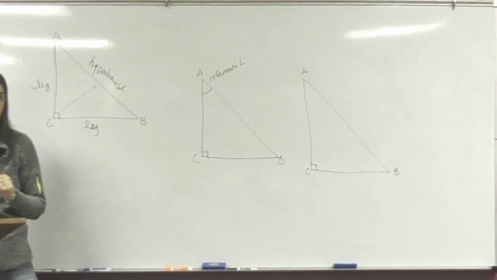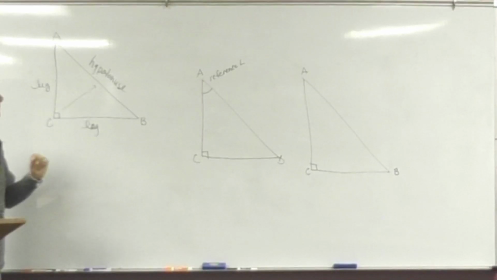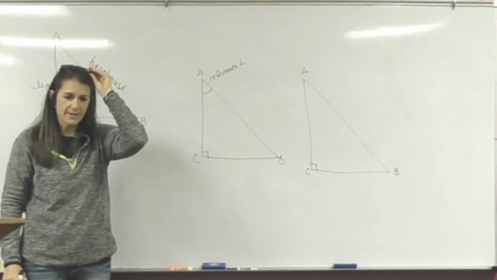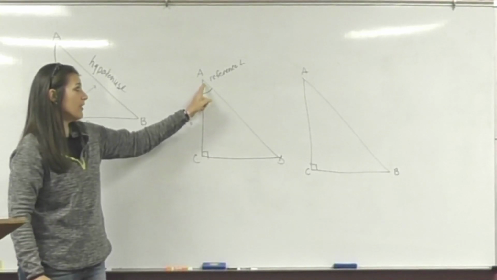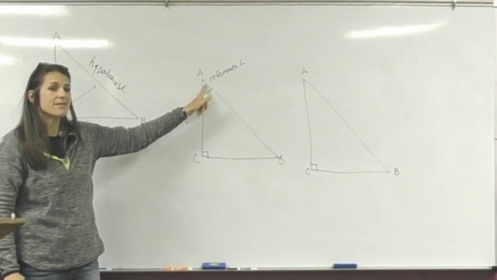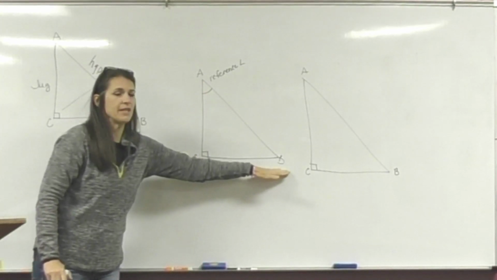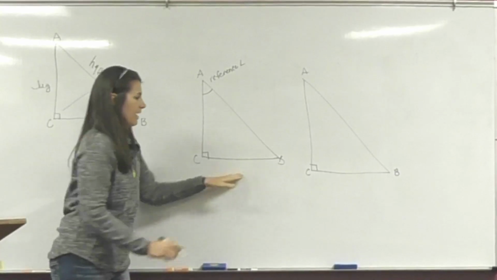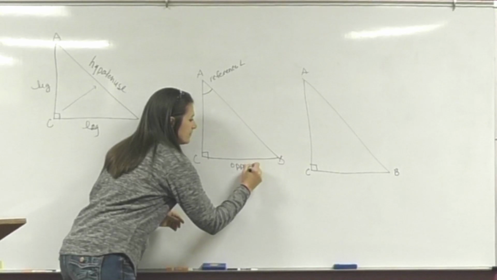Angle A is our reference angle. In reference to angle A, the side opposite angle A is down here, CB. This is called opposite.